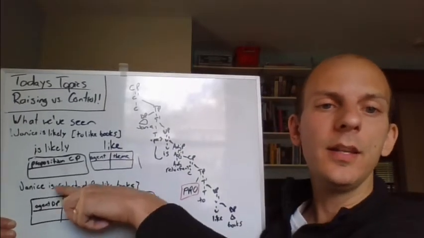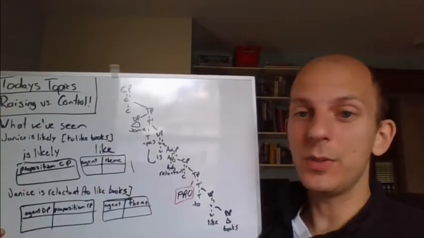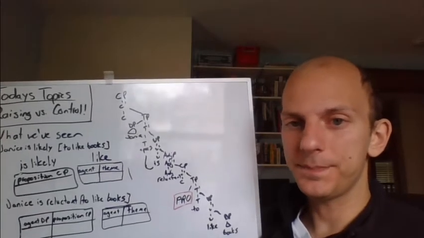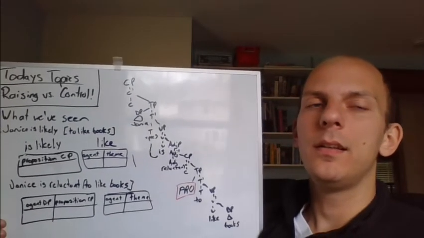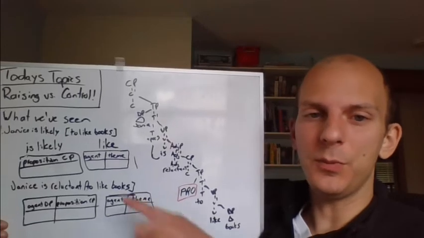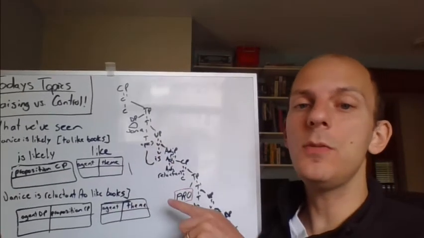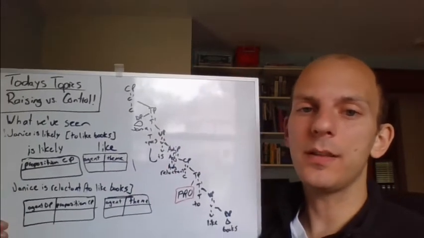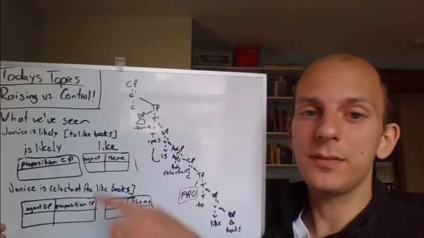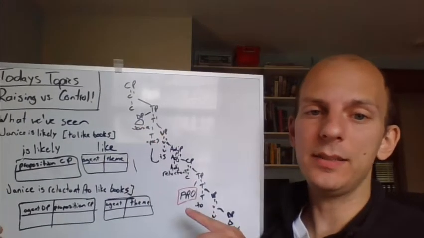In this one, Janus is reluctant to like books, which again looks extremely similar. There's no movement. I mean, there's movement of the tense, etc. But there's no movement of the DP from the lower clause to the higher clause. There's just two DPs. There's this higher DP Janus, and there's this lower DP PRO. PRO, by the way, is a DP.